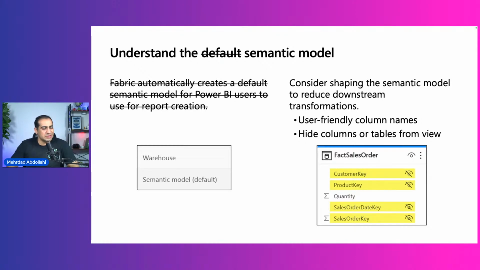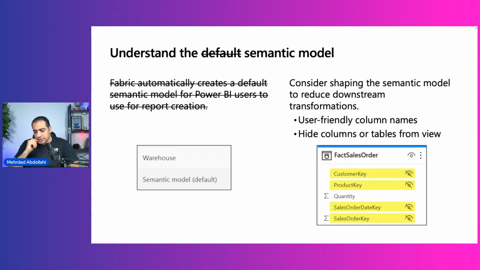Previously, a semantic model was created automatically when you were creating a lakehouse or a warehouse. But since the end of October, November, this is gone. The default semantic model is not going to be created on creation of your data source like this, and if you want one, you need to create a new one.